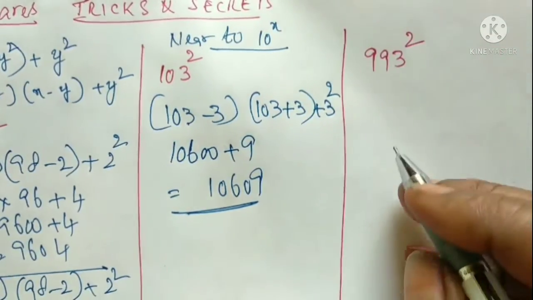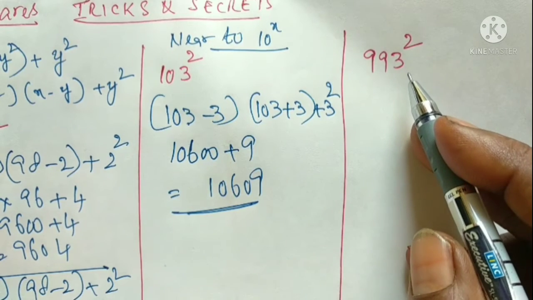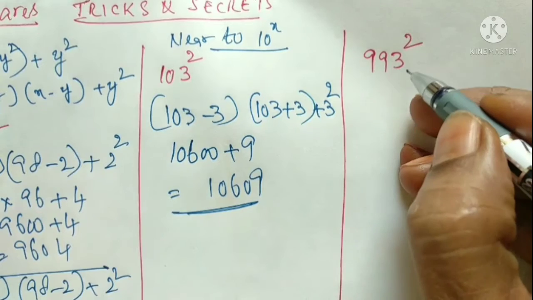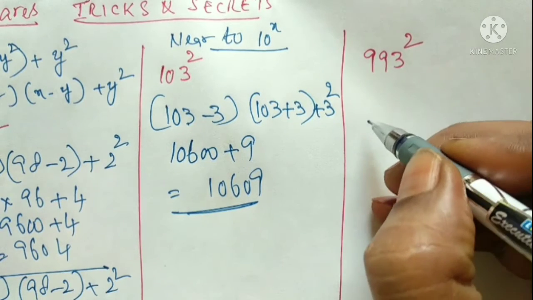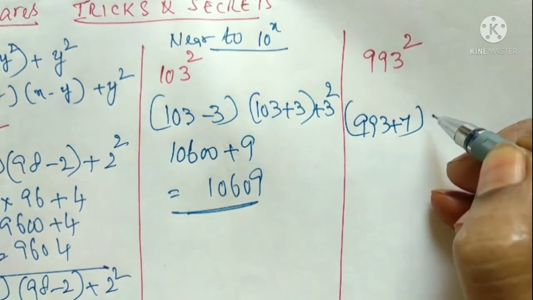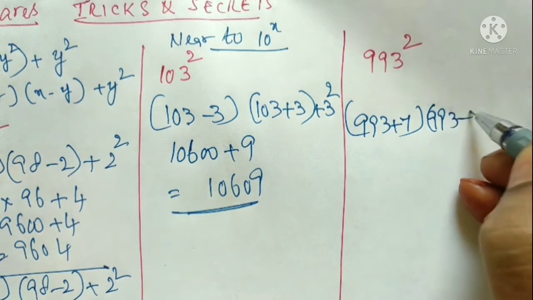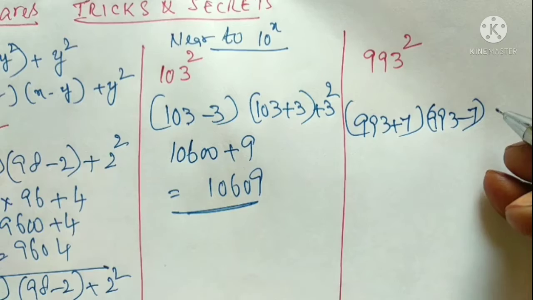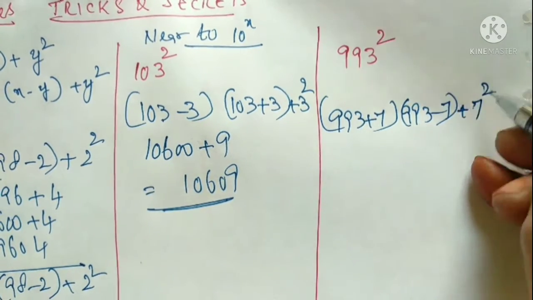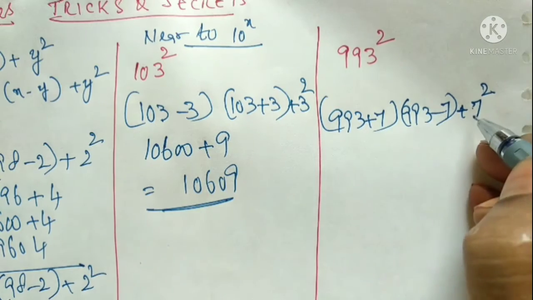Now the third example we will see, 993 square. Now this is very near to 1000. So if you add 7, it will become 1000. So it is (993 plus 7) into (993 minus 7) plus 7 square, because we are adding and subtracting 7 here.